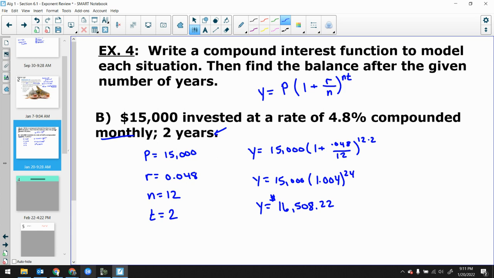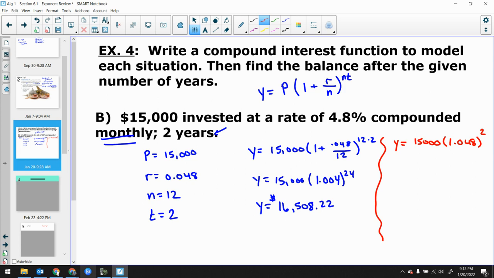Now, just as a reminder, I did this later in the day yesterday, but you may be thinking, oh, compounded monthly, that's got to be way more than if I had just done a regular yearly exponential growth. Think about this for a second. If I had not compounded monthly and I just did our plain old exponential growth formula, that would be 15,000 times 1.048 raised to the 2 power, right?